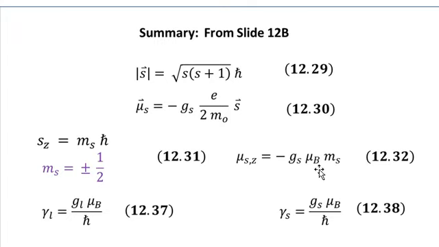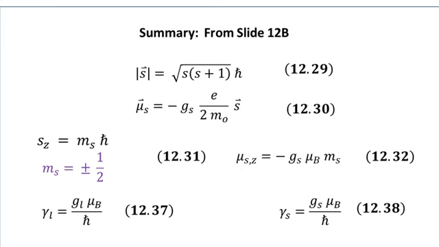This is because I have taken the z component, and the z component is sz equal to ms into h bar, which I have replaced over here. So in equation number 30, the sz component of s has been replaced by ms into h bar in equation number 32, and then of course after necessary cancellation I have written down this relationship.